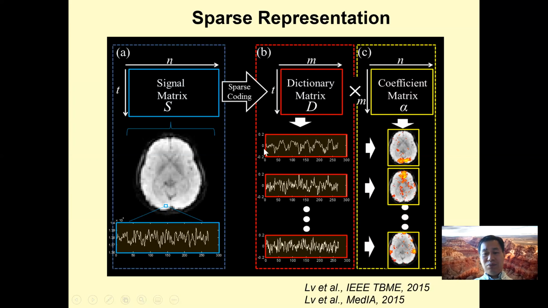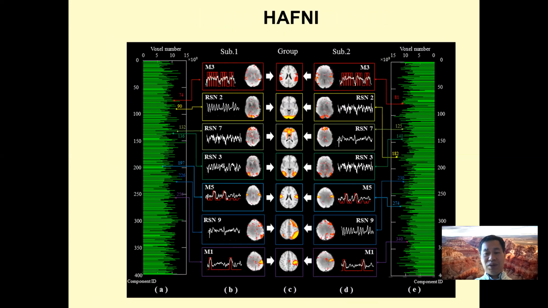The dictionary D represents the time series, that is, the temporal dynamics or activities of the brain network, and the coefficient matrix alpha represents the spatial distribution of those activities. This is similar to the matrix decomposition in ICA, but the major difference is that we decompose the original time series into hundreds of components using the sparsity constraint.